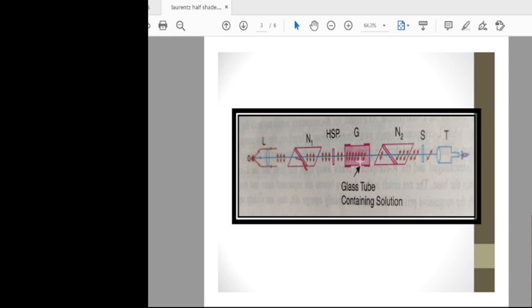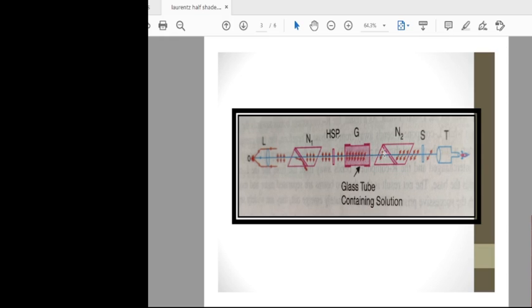If we are taking a sugar solution, this glass tube is filled with this sugar solution without any type of bubble, meaning care should be taken that the solution is free from bubbles.